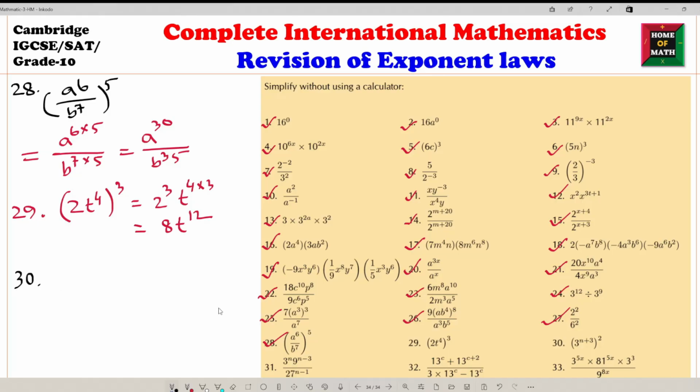30. (3^(n+3)) whole squared. So 3 to the power what? 3 to the power (n+3) times 2. So we can write 3^(2n+6). Okay.